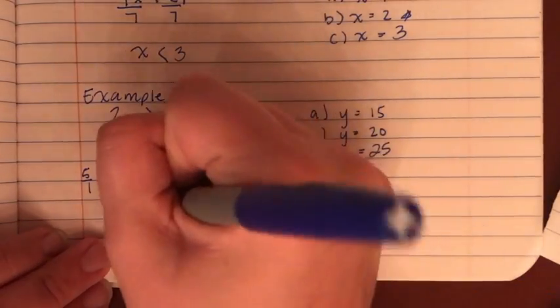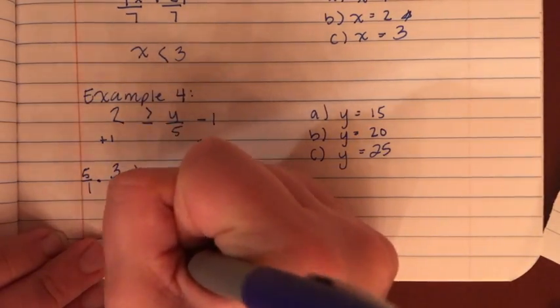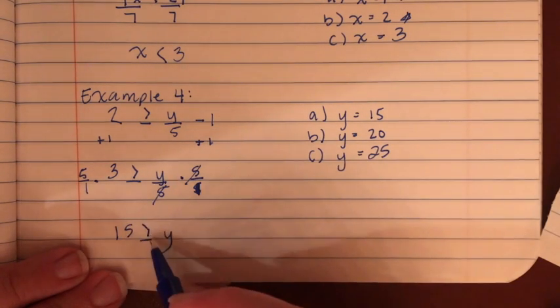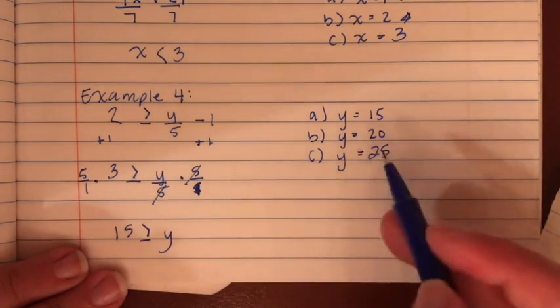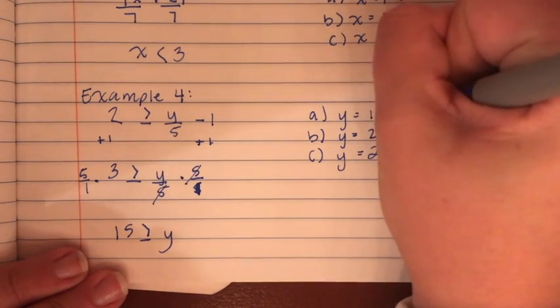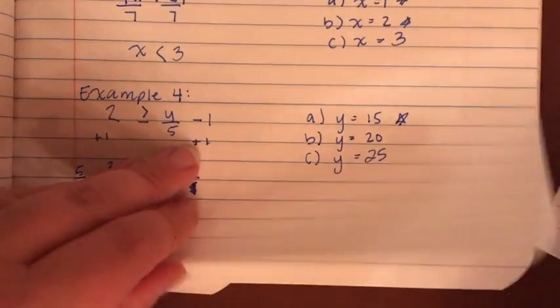That cancels, and I get 15 is greater than or equal to y, so y is less than or equal to 15. So this isn't true, this isn't true, but 15 is true.